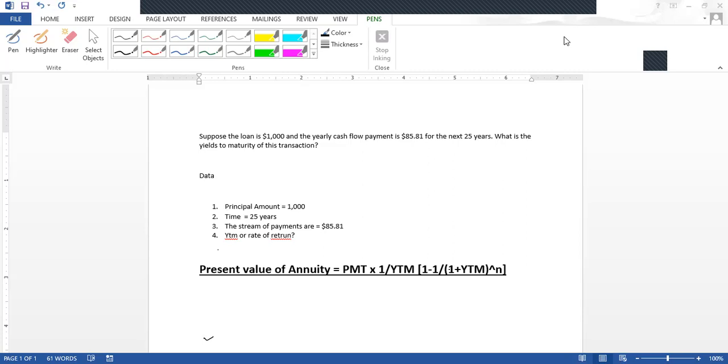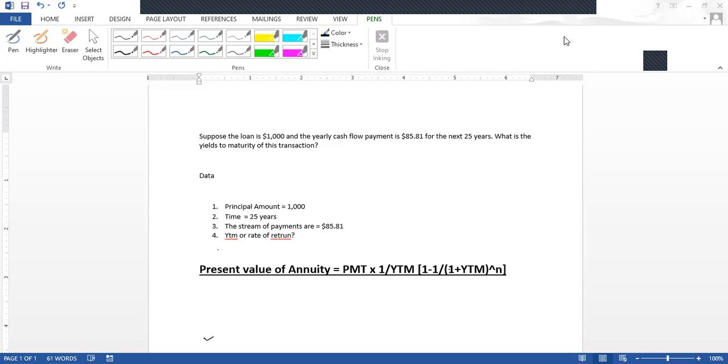Before solving this problem, I will request you to write down all the data that I have already written down in the page. That is, principal amount is equivalent to $1,000, time is 25 years, the stream of payments are $85.81 for the next 25 years, and then we have one factor that is missing, and this factor is YTM, that is known as yield to maturity. It is also known as rate of return.